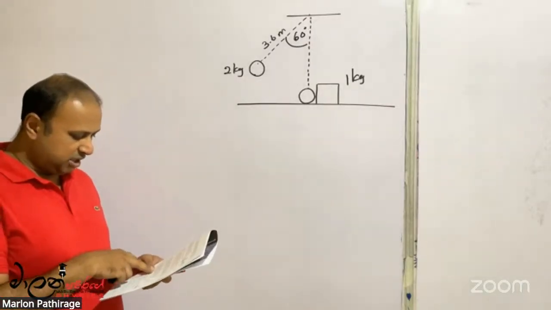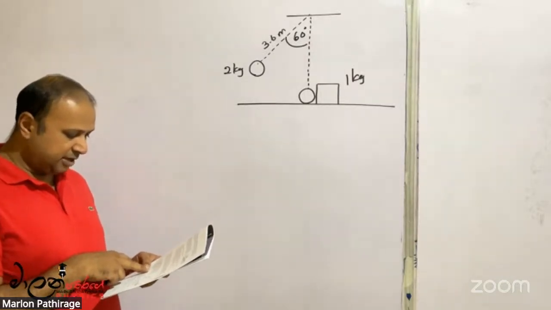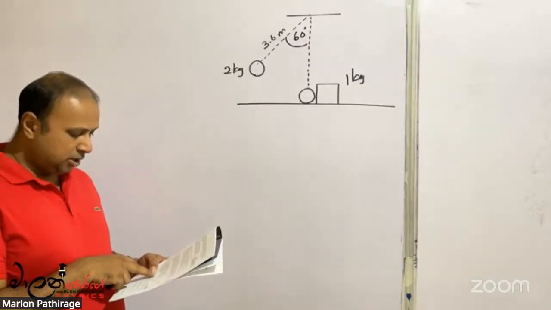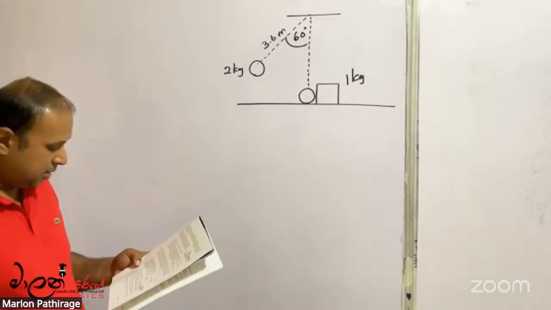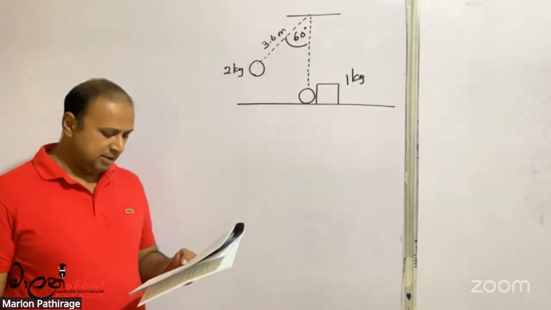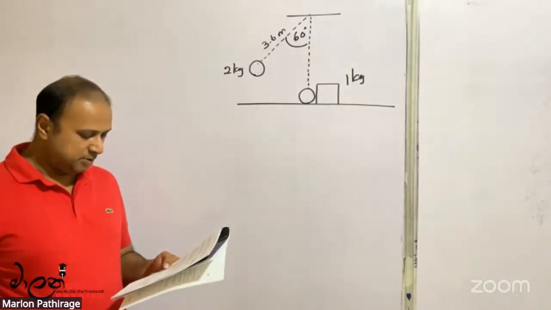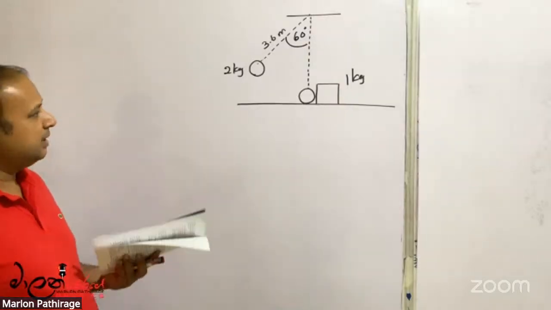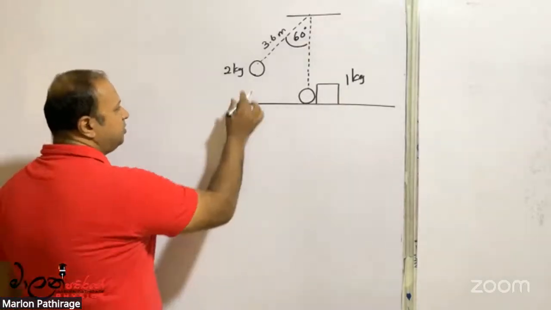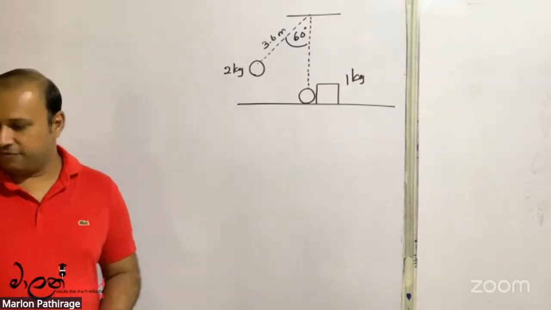The string is pulled at an angle 60 degrees to the vertical, and the 2 kg mass is released. Find the velocity of the 2 kg object when the string becomes vertical. Ignore air resistance. That means when this object comes to this position, find the velocity.